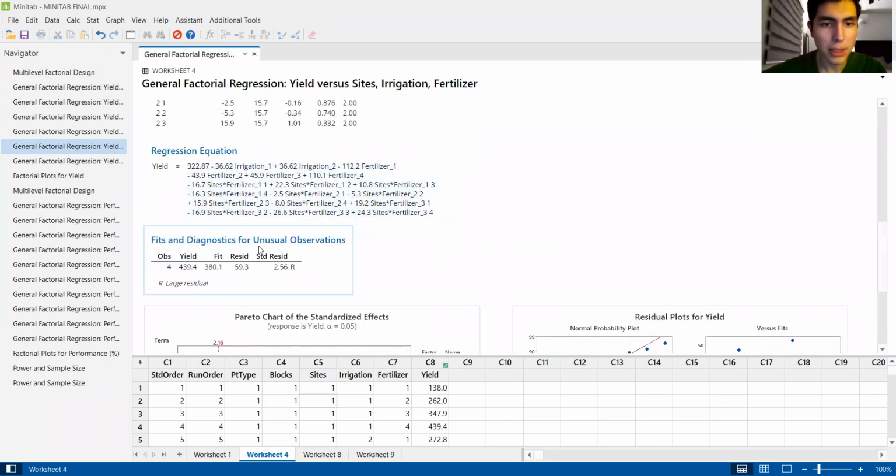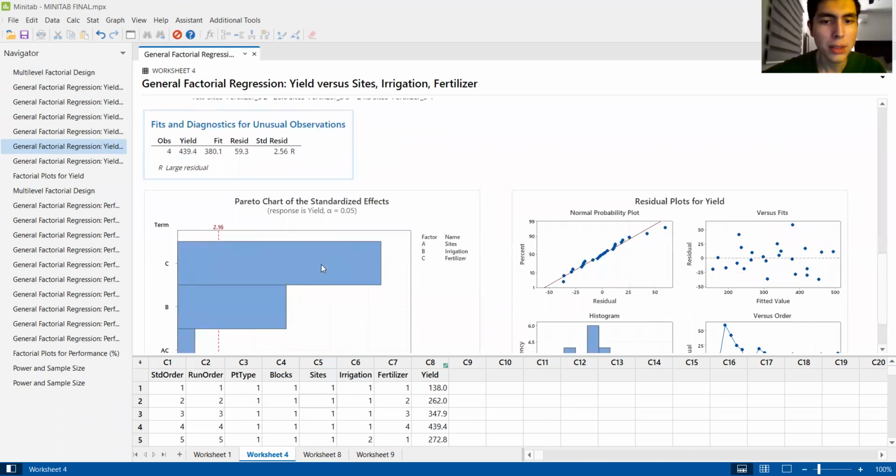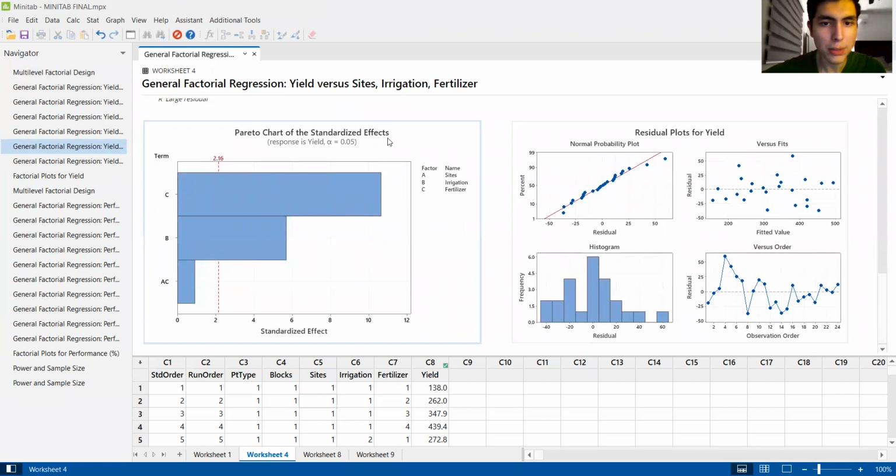Now it only shows one unusual observation, which is also an indication that we are improving the model. The Pareto chart is still showing C and B as significant factors. The normal probability plot shows a straight line, which indicates normal distribution. Versus fit, we can see here that it is now completely randomized, no pattern, so we know that it is correct.